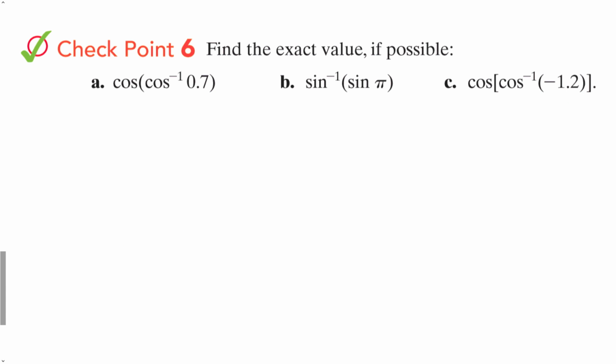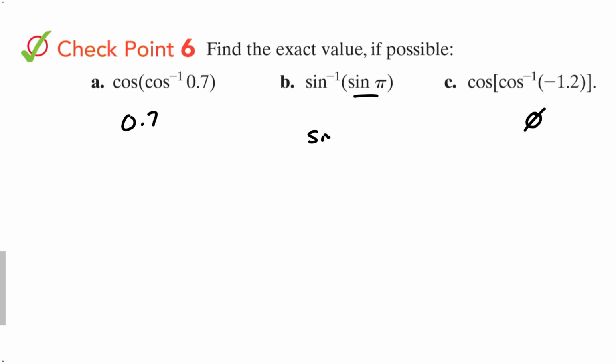Let's try some gotcha problems. Recognize that? 0.7. Too small. That's the one. That's a problem. The inverse sine is only defined between -π/2 and +π/2. So you can do this, but the answer is not going to be pi, because inverse sines do not spit out angles that are not between -π/2 and +π/2.